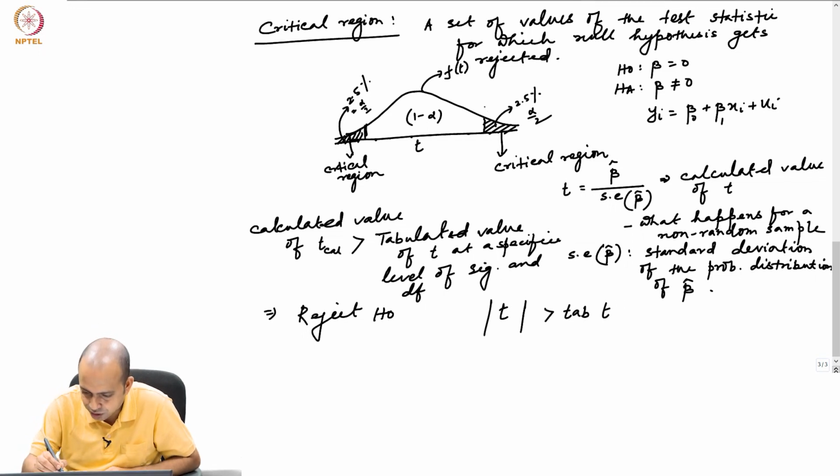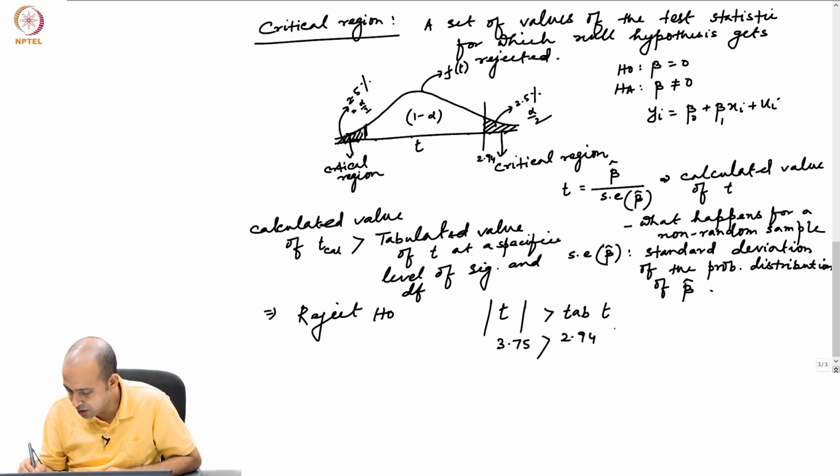For example, here let us say this tabulated value is 2.94 when your alpha is 5%, and your calculated value is, let us say, 3.75. Let us say this is 3.75 and this is 2.94 at alpha equals to 5%.